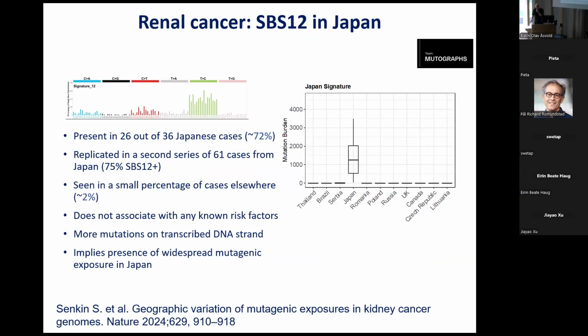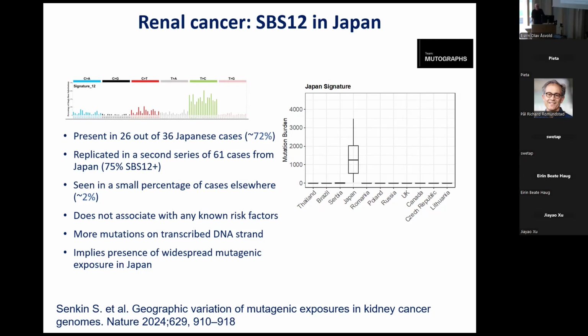In a recent paper, published a couple of weeks ago, a lovely, highly recommended paper from the Mutographs study in Japan, they discovered a signature which basically didn't exist above 2% in the cases in all the rest of the world. But in Japan, it was seen in 72% of the cases. So the supposition is that there is some exposure which is unique, only seen in Japan, which might be generating an important proportion of the renal tumours in Japan.